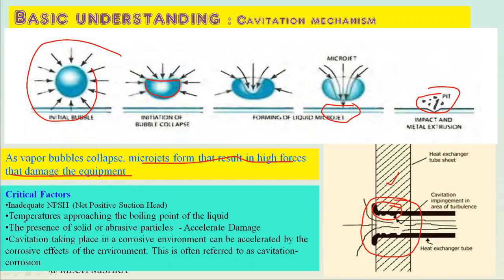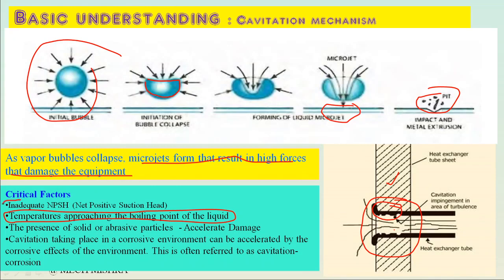Also, when the temperature of the fluid approaches the boiling point of the liquid, the bubbles get formed. So we have to avoid boiling or reaching a temperature near the boiling of the fluid, otherwise there will be more chances of bubble formation. That needs to be avoided.